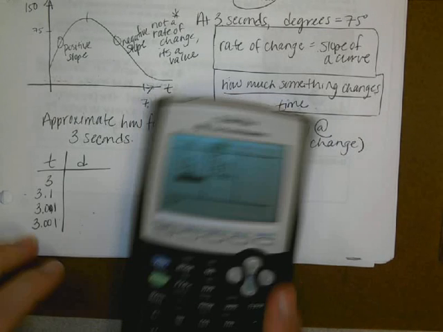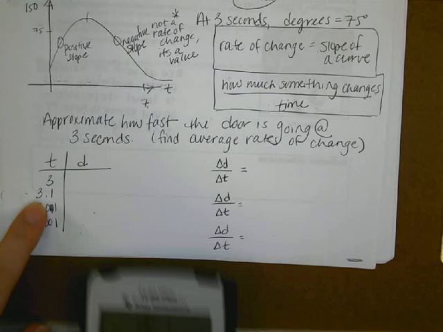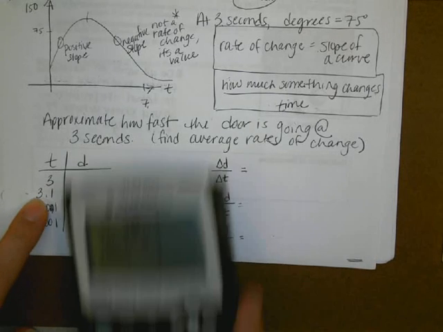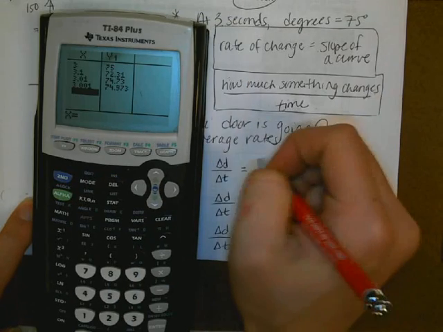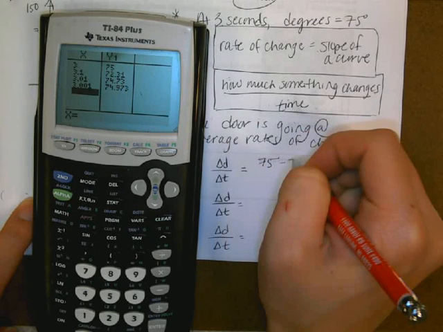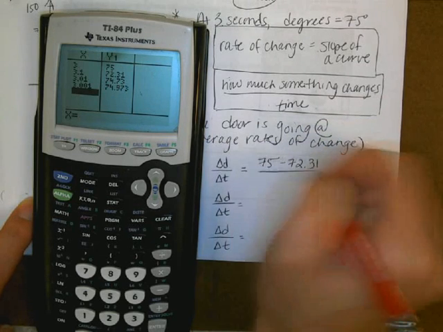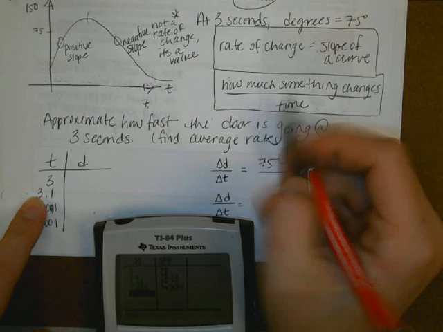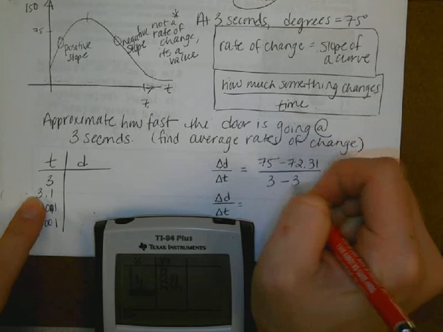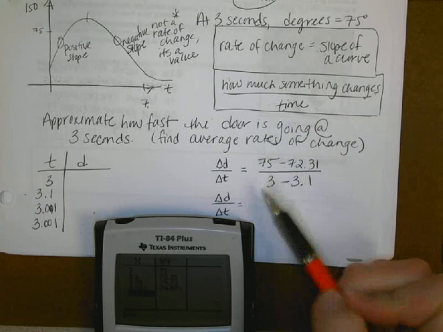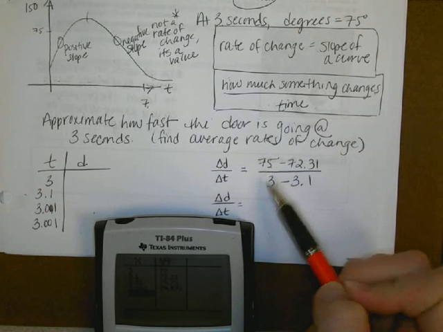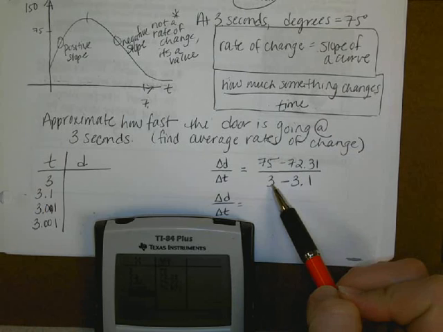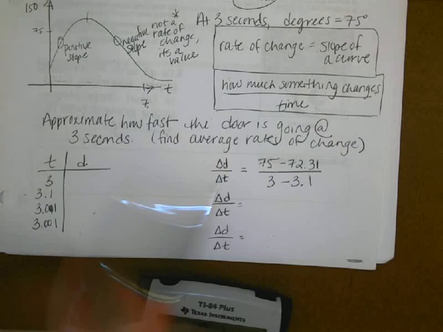Okay, so we're going to subtract these two. So you take 75 and subtract 72.31, changing your y values, divided by the change in your x values. One thing you have to be careful with here is whatever number you put first, you have to put the same number that's paired with it first on the bottom. So like 75 is the y value at 3.